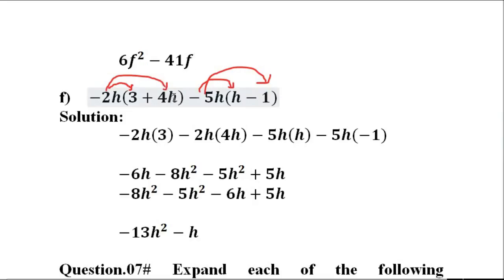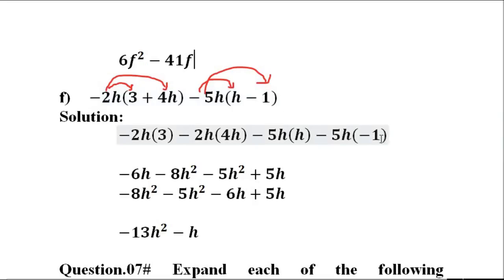And then we can distribute the negative 5h to the positive h and then to the negative 1. We have negative 2h times positive 3, negative 2h times positive 4h, negative 5h times positive h, negative 5h times negative 1.